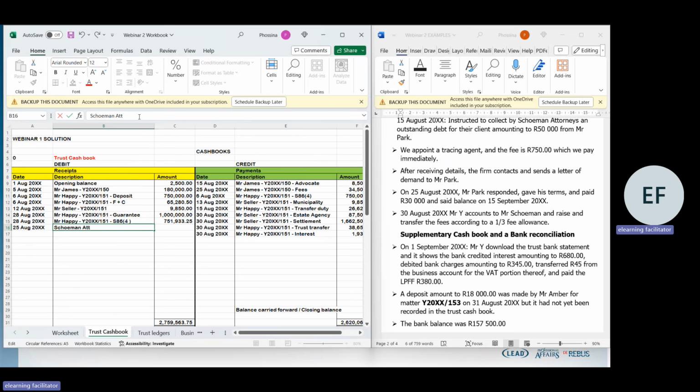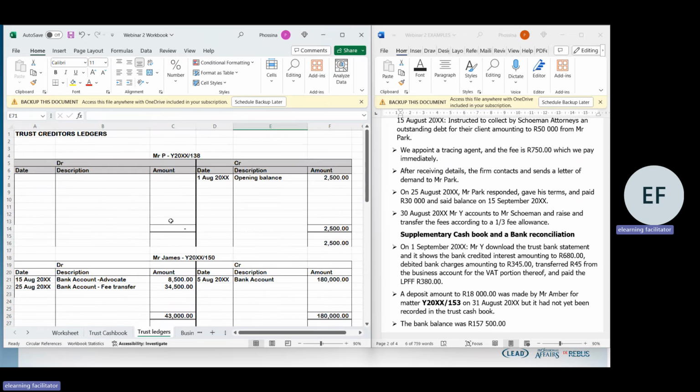Schoeman attorneys, and it's matter 20XX stroke 152. And this is from Mr. Park. You see, we are putting more detail. And how much are we receiving? 30,000. Okay, so this is a receipt.